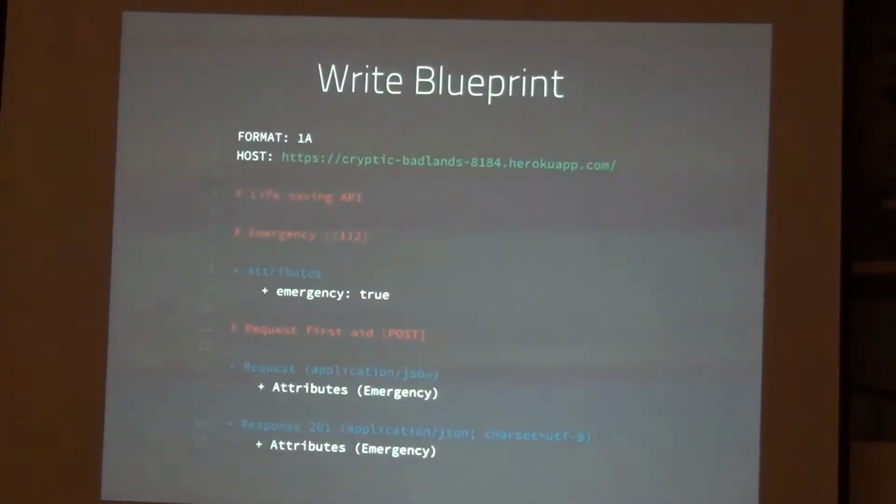If we do design first, if we write a blueprint, we have semantic, programmatic, machine readable information about how your API is intended to work. And this is a blueprint for our little saving API, describing what we expect when we call 112. So when we call 112, we expect some predictable response.